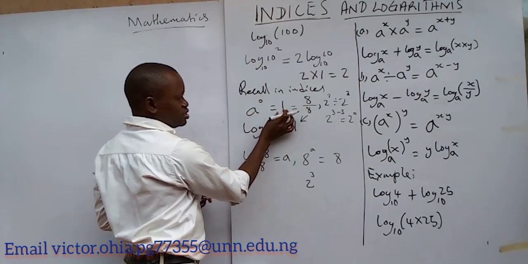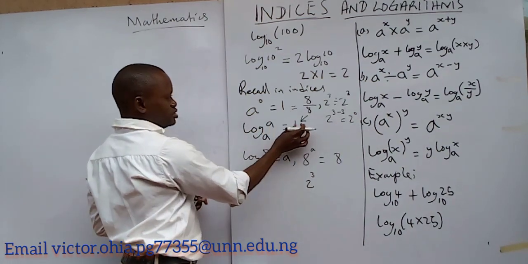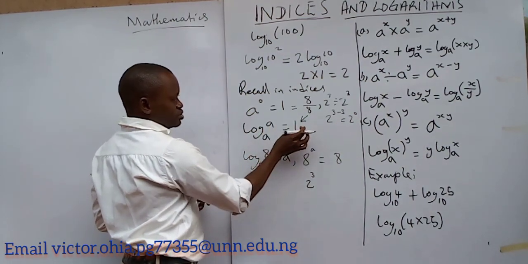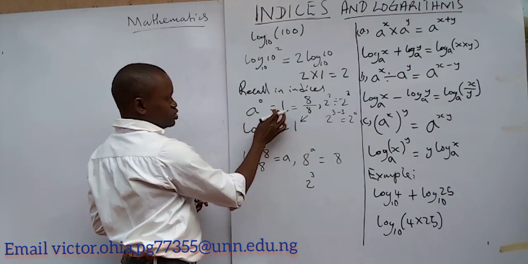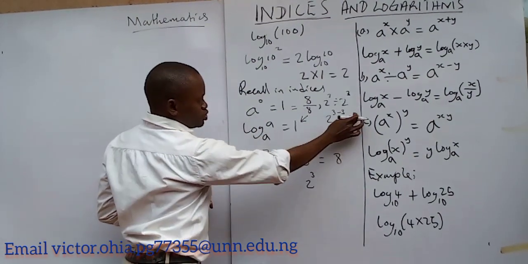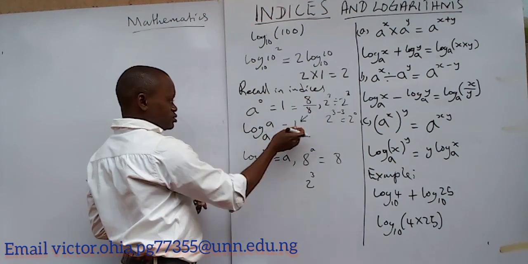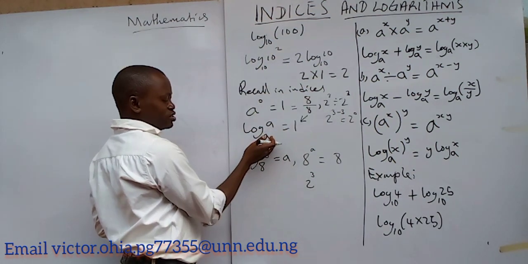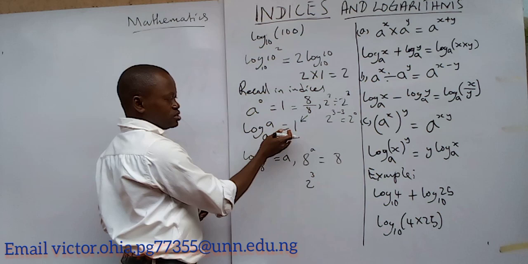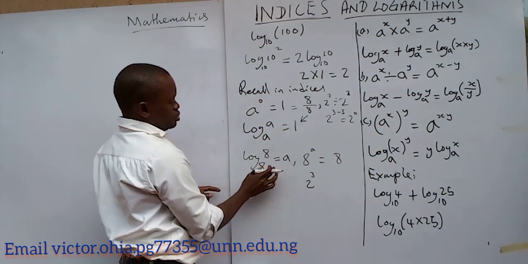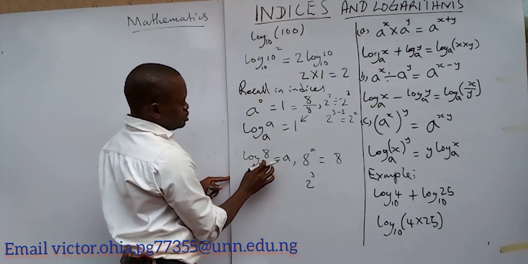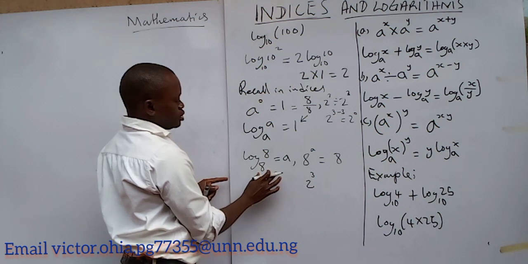So if this is this and this is this, it means that a raised to power 0 is 1, and 2 raised to power 0 is also 1. Now we are trying to connect this. The word logarithm is saying that the logarithm of a number to its base is 1. And then I came down here, so let me show you that this is also going to give us 1.